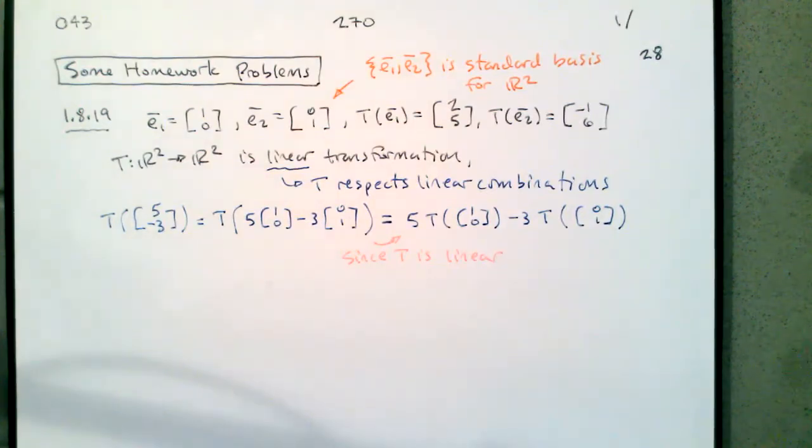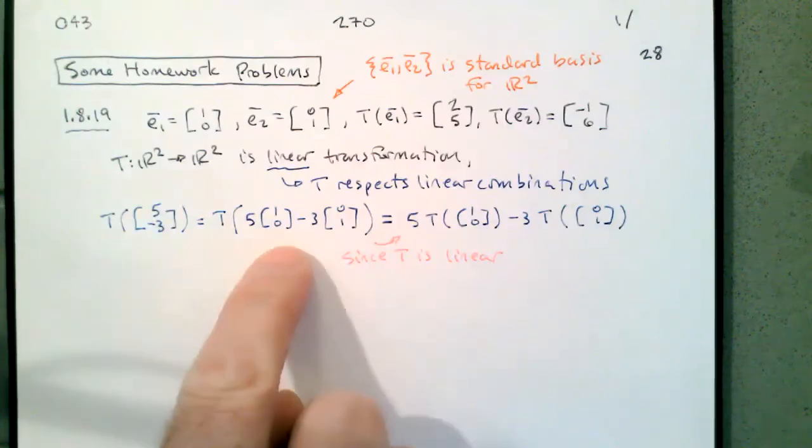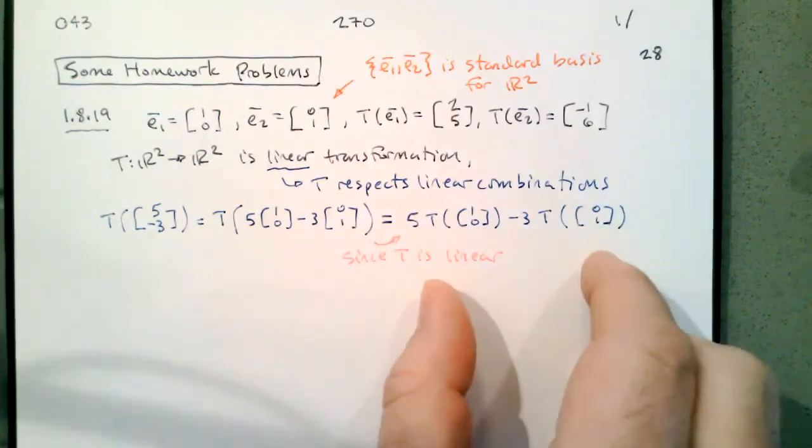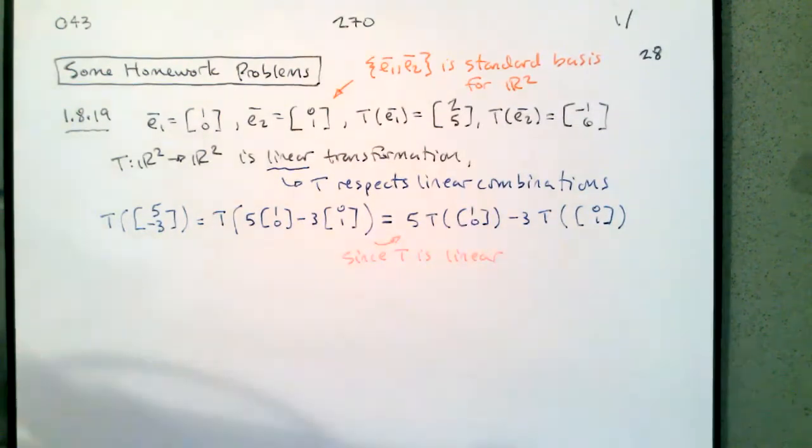This is important. Anytime we come up with some proof in linear algebra, and we're given a linear transformation, this is what we're going to want to do with it. We're going to want to remember that linear transformations respect linear combinations, and this is probably why we need the transformation to be linear, because we're going to take the image of a combination and make that the same combination of the images.